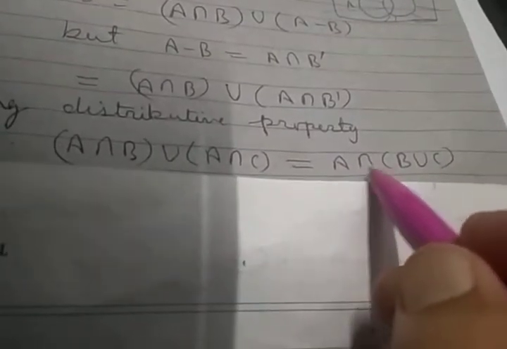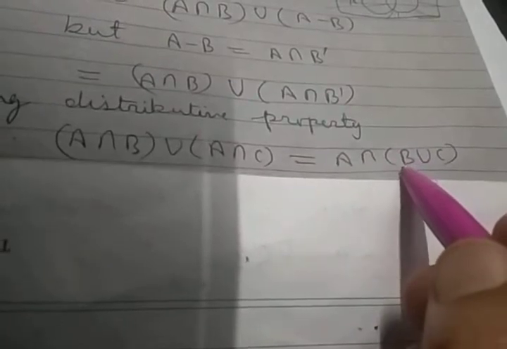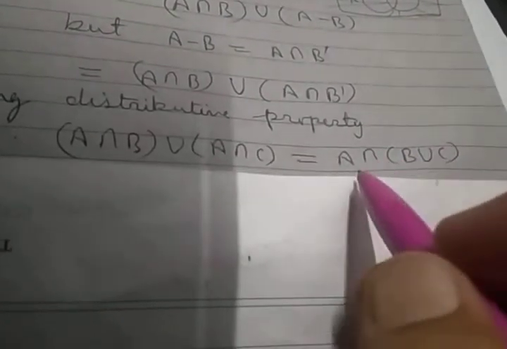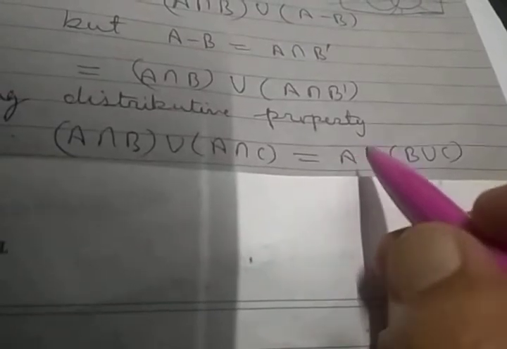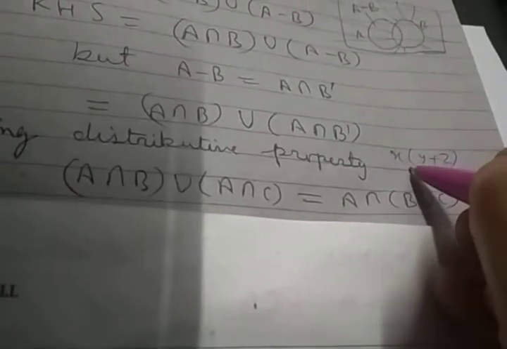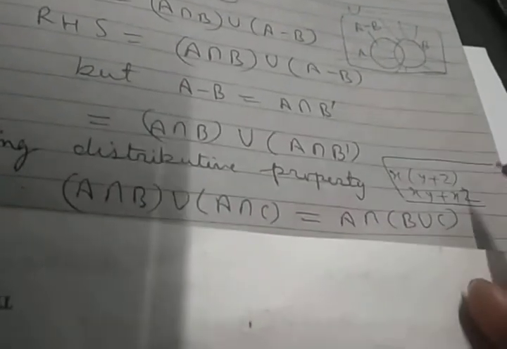Earlier we have discussed this one. Distributive is this: if something is outside of the bracket, then it will be distributed with B as well as with C. Like normally, if x into y plus z is written, then we write xy plus xz. Clear?